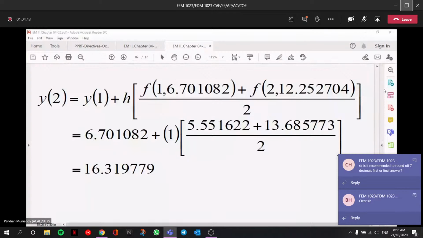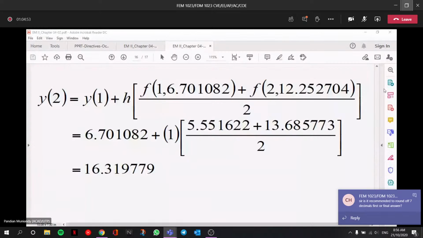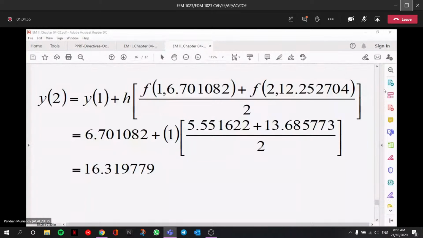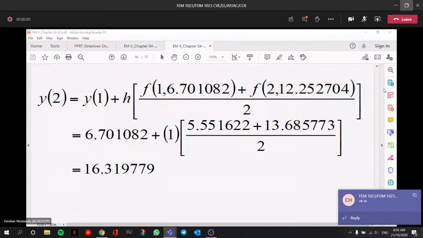Sir, is it recommended to round off 7 decimal first or final answer? It's up to you. Yeah, it is up to you. It's up to you because it is iterated. This is not precise. This is iteration method.